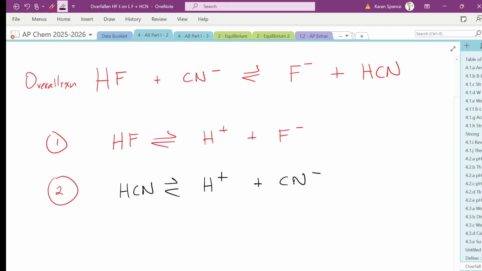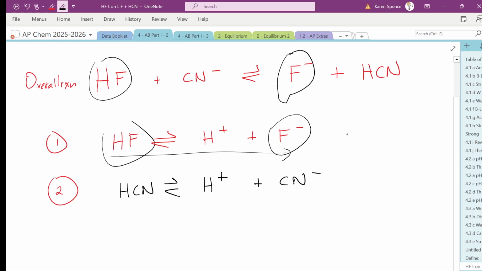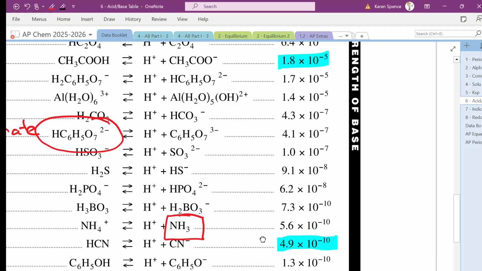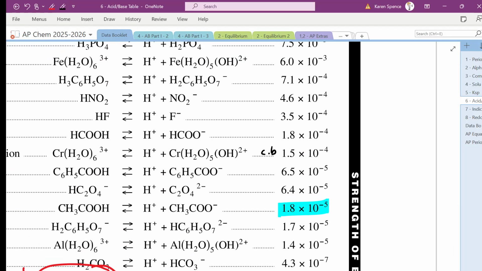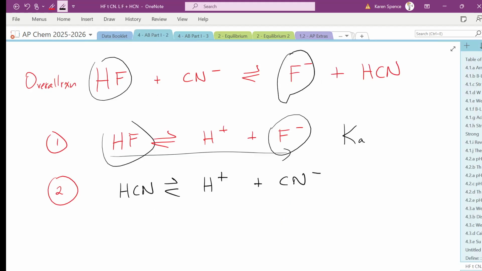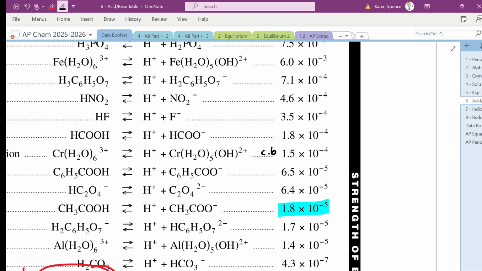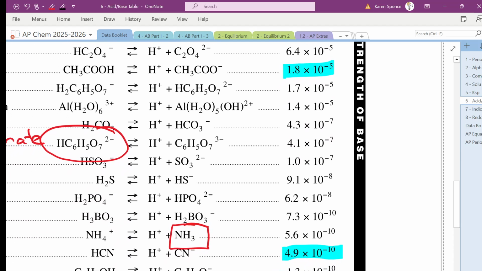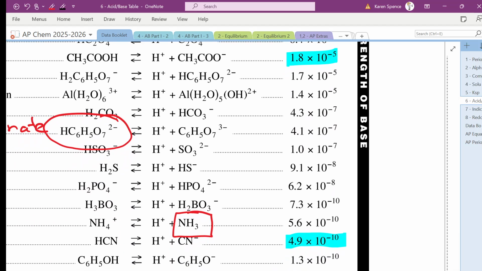This one proceeds in the forward direction, because we've got HF in the reactants and F minus in the products. So the Ka for HF is 3.5 times 10 to the minus 4. Now the Ka for HCN is 4.9 times 10 to the minus 10.